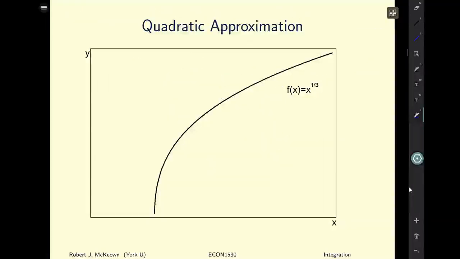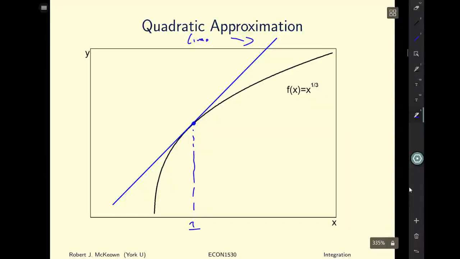Now I'd like to give you a little bit of intuition. Suppose that we've got this function that we just looked at, and we were going to evaluate it when x is equal to 1. Say that this is equal to 1 right there. If we do a linear approximation, and let's think of what we were trying to estimate as 1.03, and let's put it way out over here.